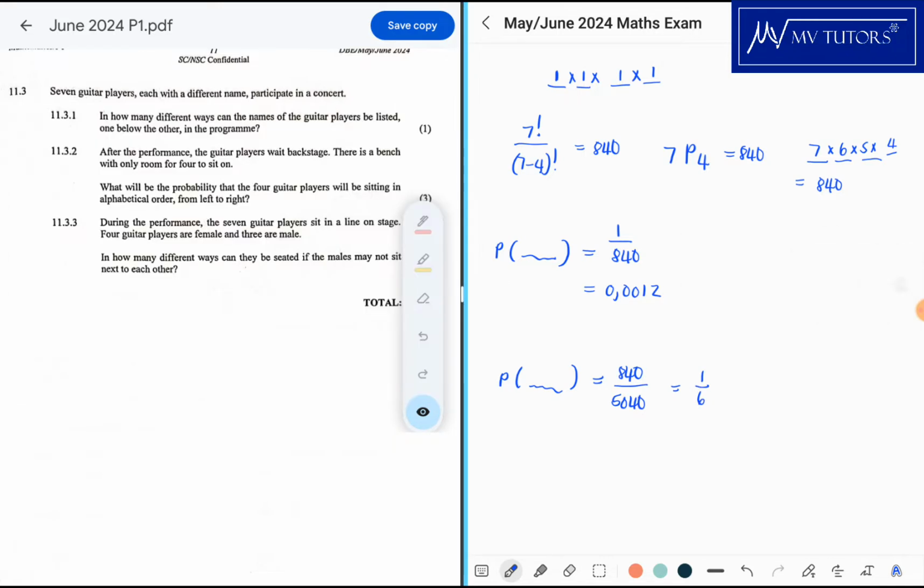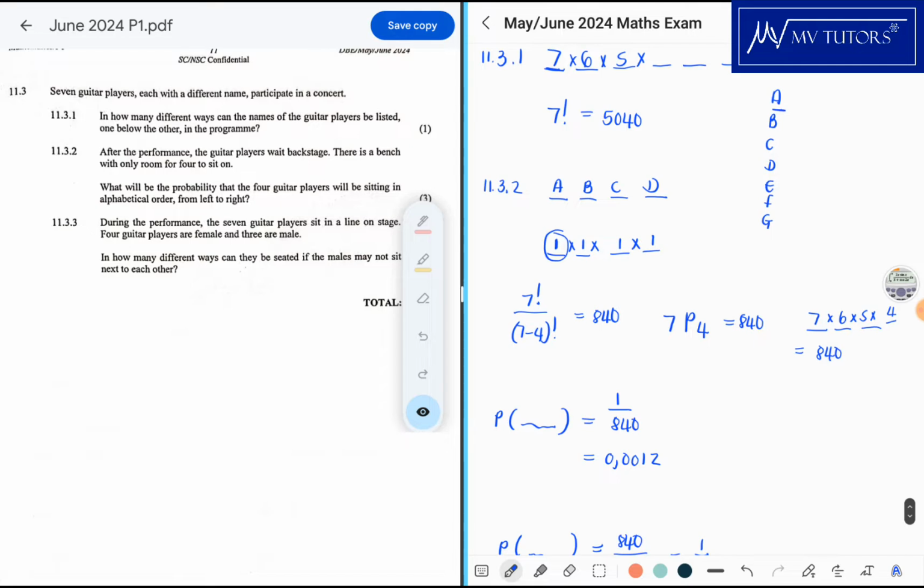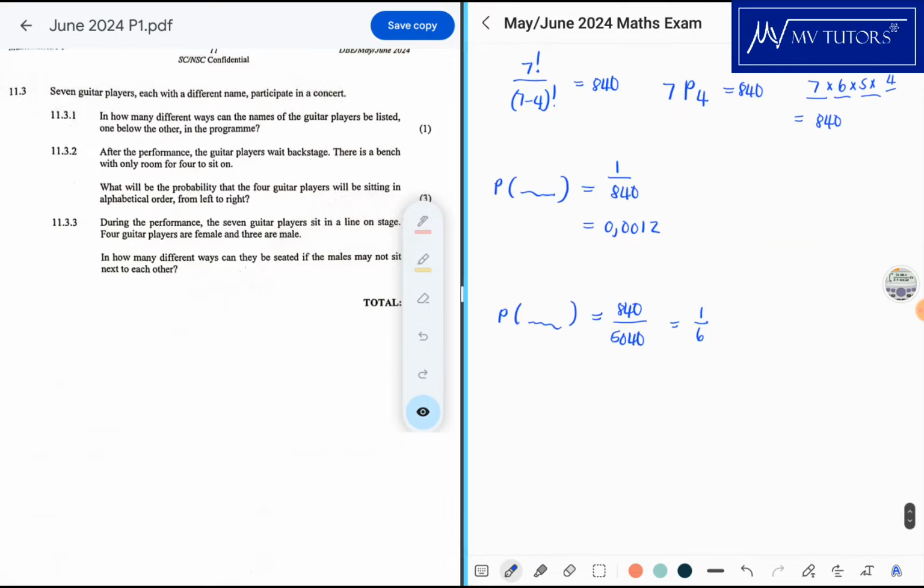But see, the trick is when they say each player has a different name and they want the players to be sitting in alphabetical order, I don't have 7 options of A. I only have 1. I don't have 7 or 6 options of B. I only have 1. So that's where it becomes a little bit tricky. But please just comment below, how would you approach this question?